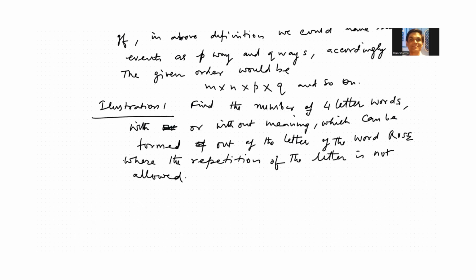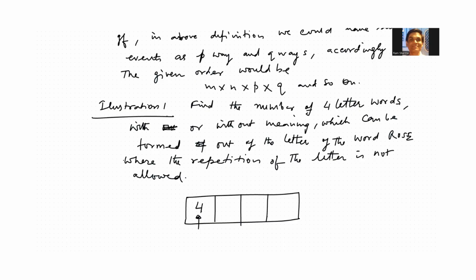Let us make four boxes, because we have to make a four-letter word. And what are the available letters? ROSE. Since repetition is not allowed, if you fix a letter here, there are four possibilities.